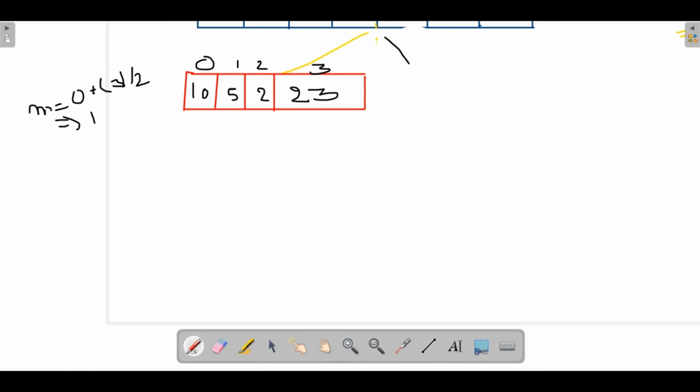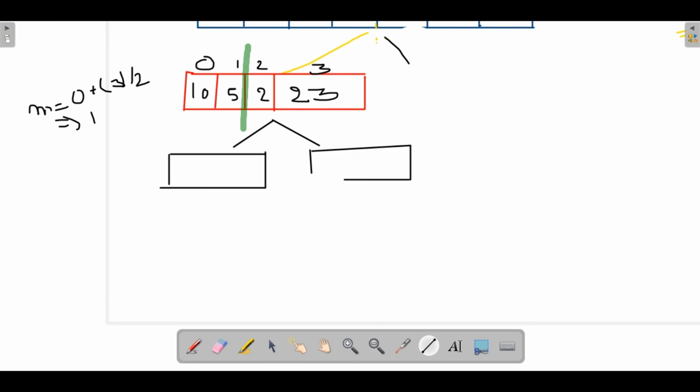So after that, it would be breaking from here. Now we have two values in our array, that is 10, 5 to 23.